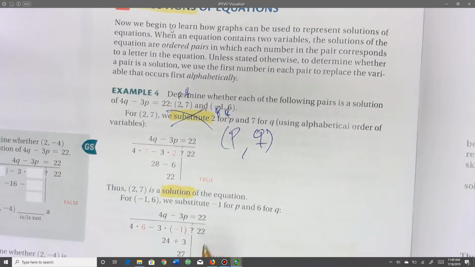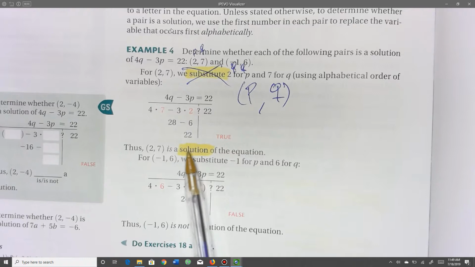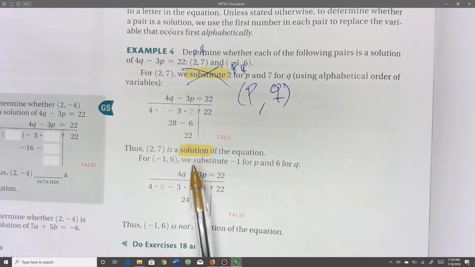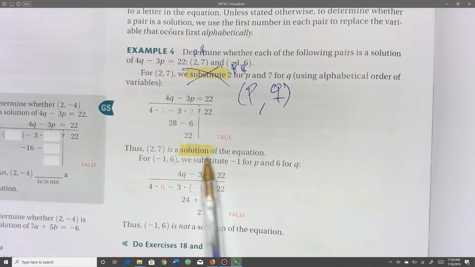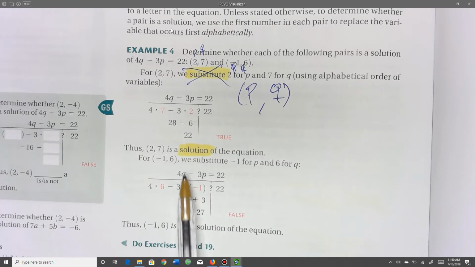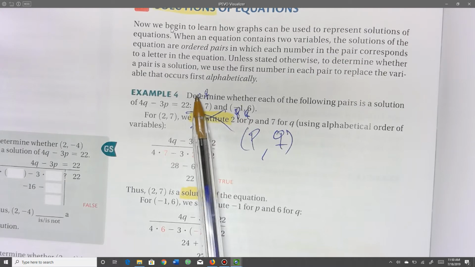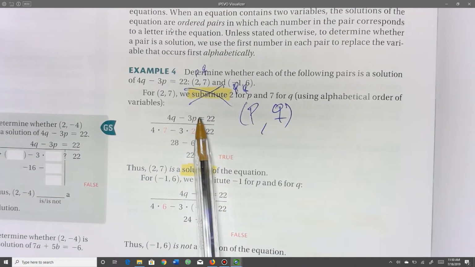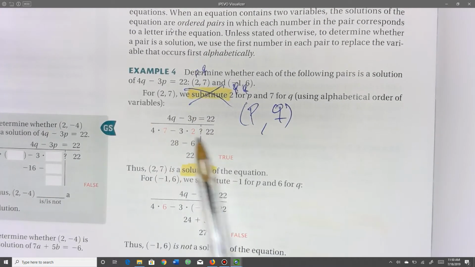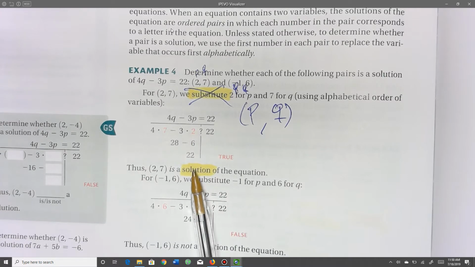Also memorize that the word solution doesn't mean just the answer. No. In mathematics, in algebra, it means either just one value or two values that make the equation true. Okay, that is a solution.